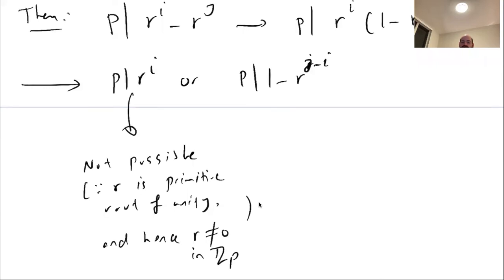If r is not 0 in Z_p, that means r is not a multiple of p. Therefore, powers of r are not multiples of p either. p is a prime number. If in the prime factorization of r there is no factor p, in the powers of r there is still no factor of p.